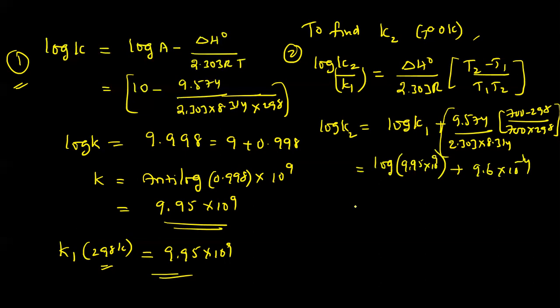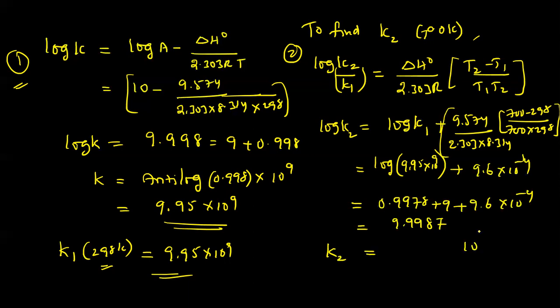Simplified, I got 0.9978 plus 9, because log 10 power 9 is 9 only, plus 9.6 into 10 to the power of minus 4. Upon final simplification, I got 9.9987. So it indicates that the K2 value will also come in the 10 power 9 case only.